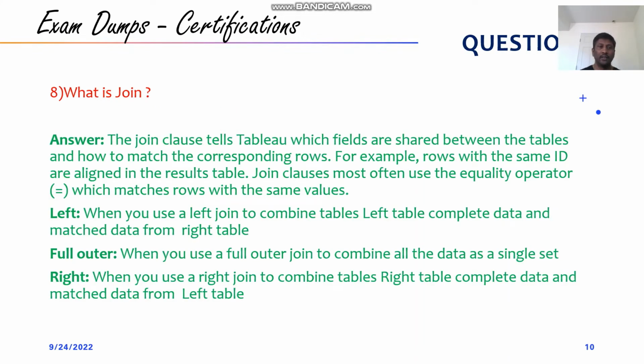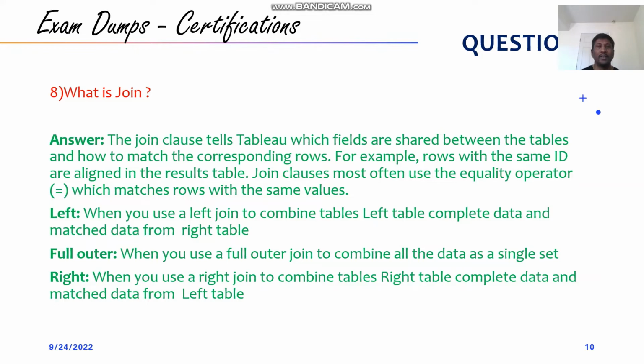Question number 8. What is a join? I believe if you came from an engineering background, in your DBMS level, you will get what is a join multiple times. A join clause is where you can relate two tables.